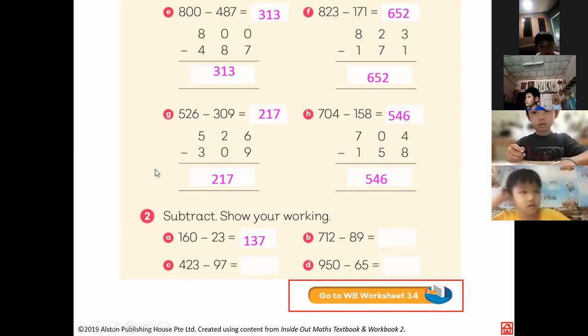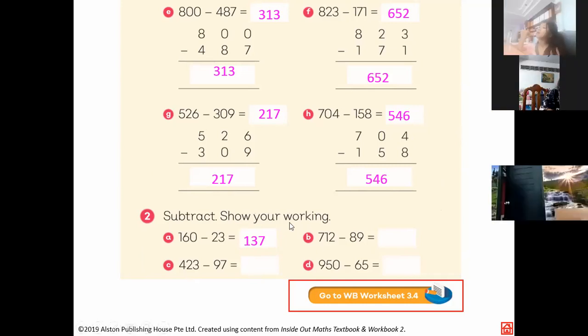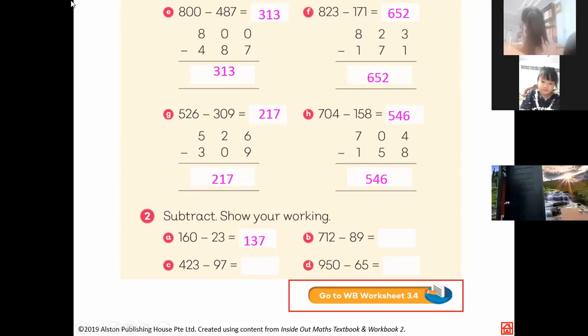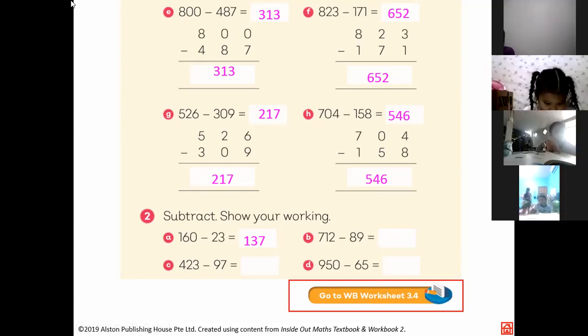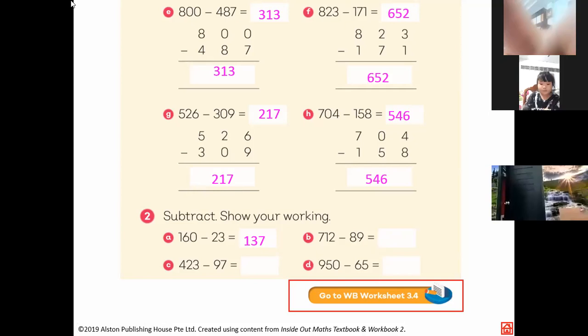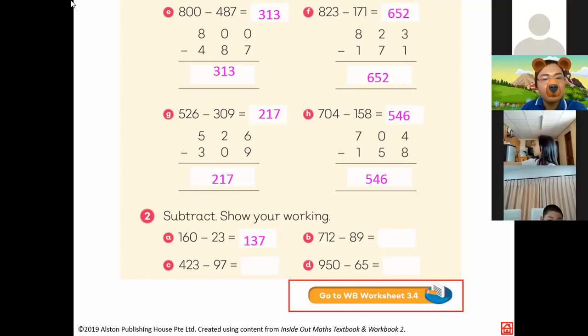Very good, 137. What about letter B? 623.